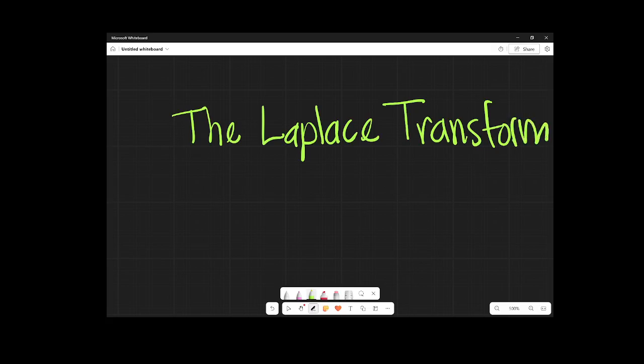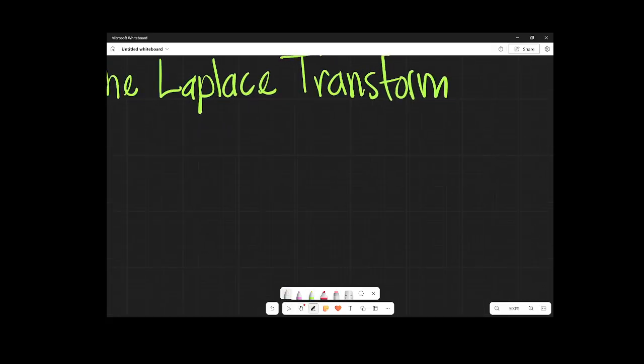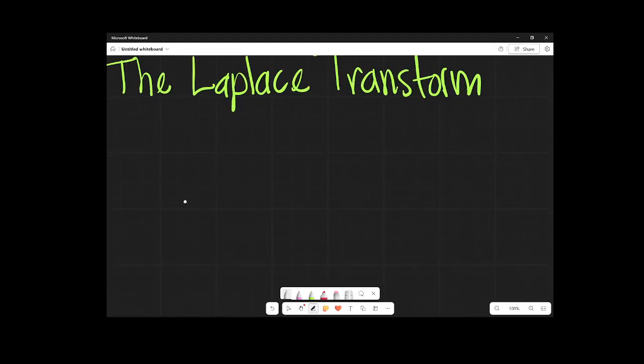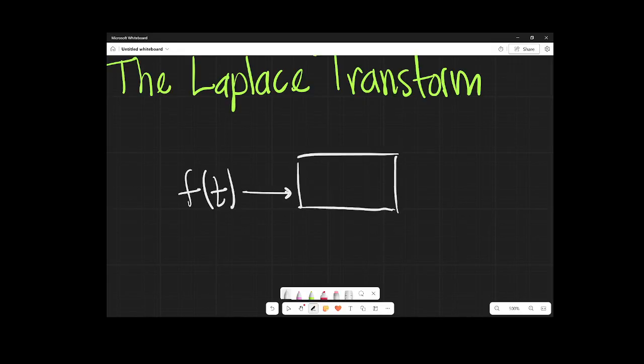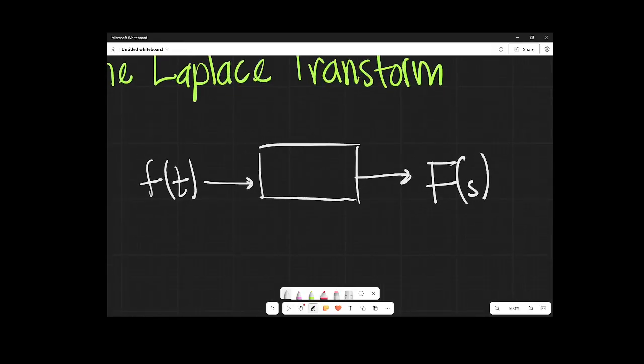So to begin, the Laplace transform is essentially a machine, right? It's going to take some function in the variable t, which stands for time, and it's going to convert or transform it into a function of s in what's known as the frequency domain.